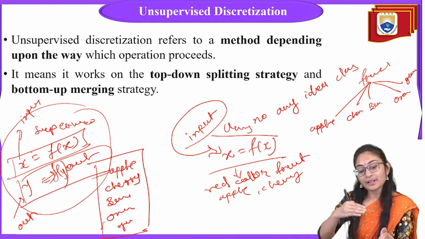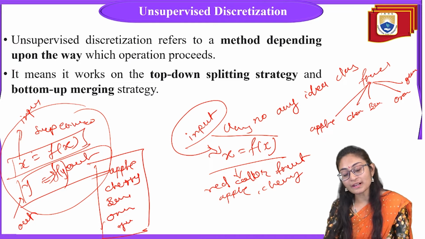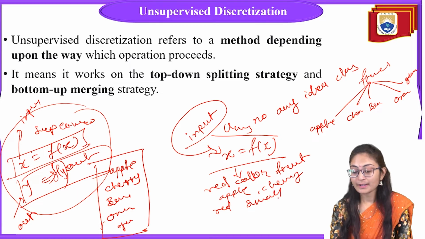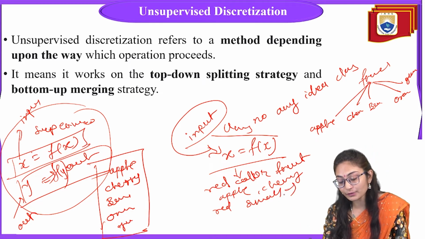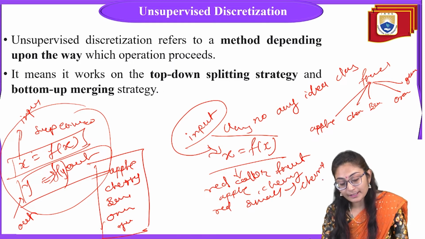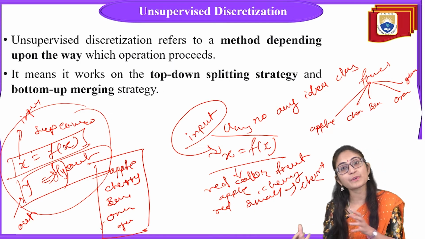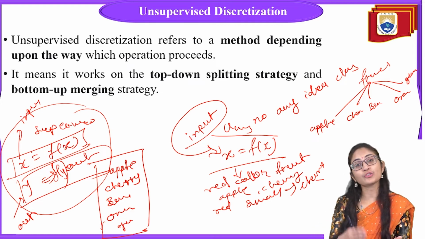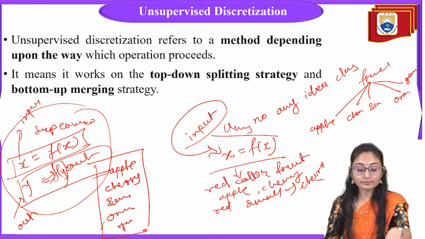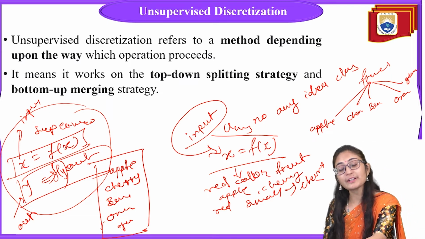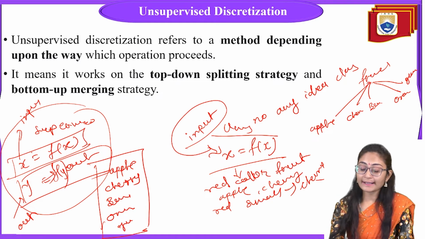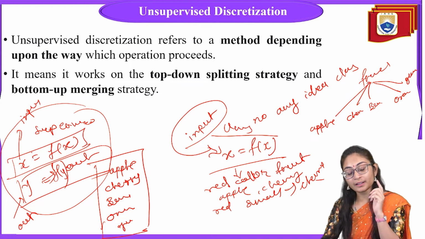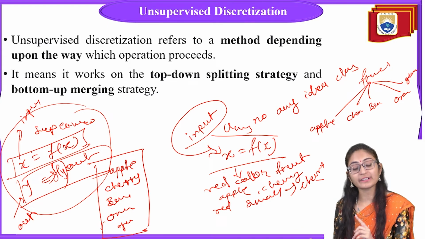If we ask the unsupervised model for red but small size, it will give the output as cherry. That means the unsupervised model depends totally on your conditions, not on your data. It doesn't contain any trained model. It only works on the conditions.